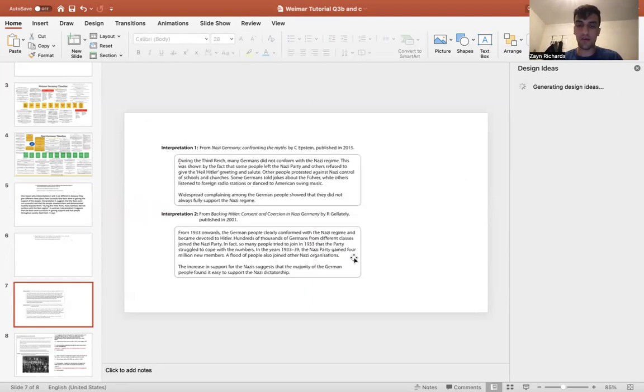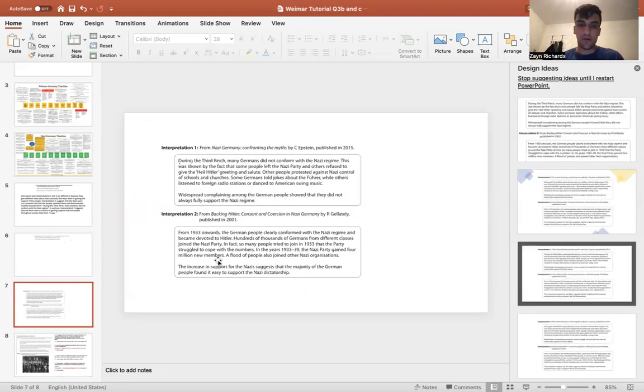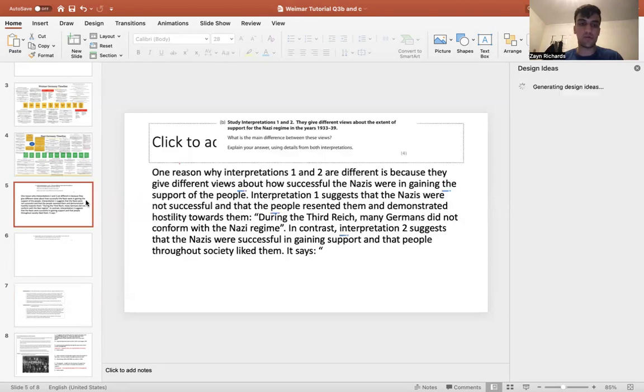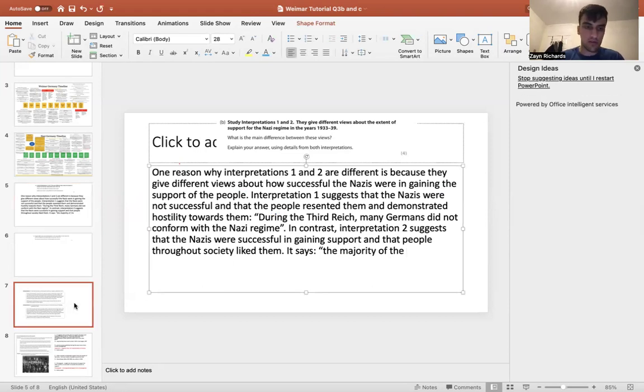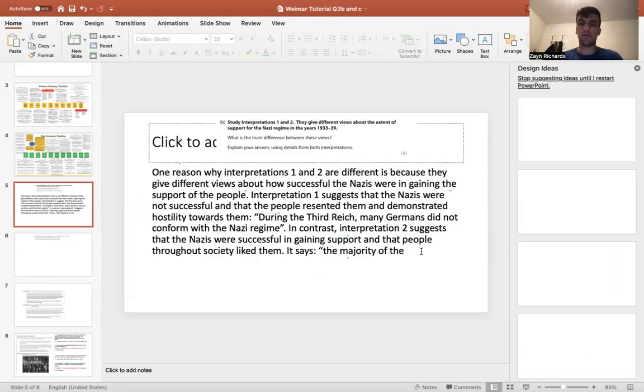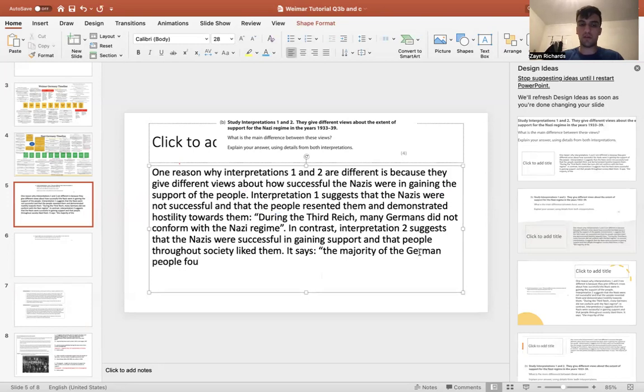Colon and quote again, and then we'll do the increase in support suggests that the majority of the German people found it easy to support the Nazi dictatorship. Okay, and then when you've done that, that's pretty much all the marks.